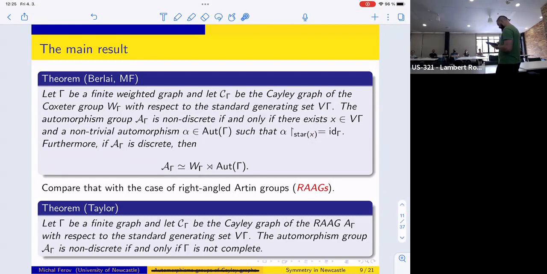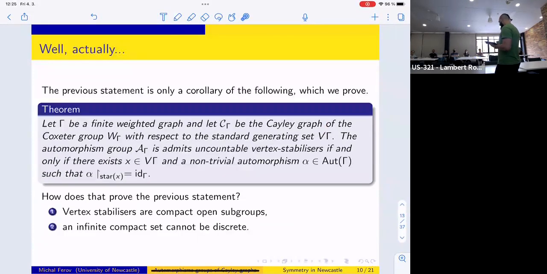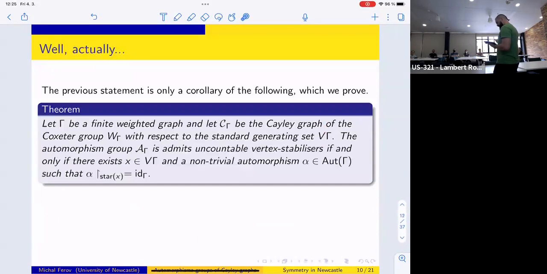Actually, we proved something slightly stronger, and the statement I gave is more of a corollary. We study how big the vertex stabilizers are.